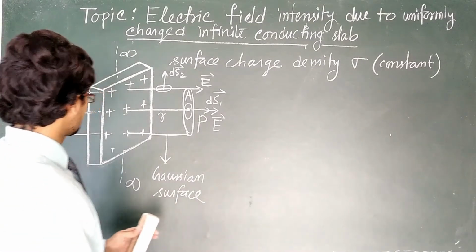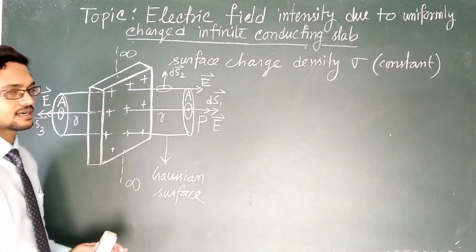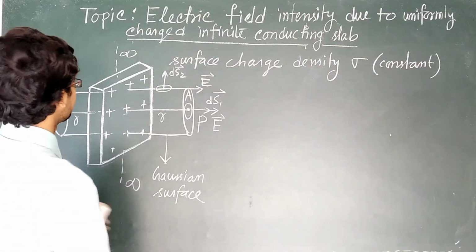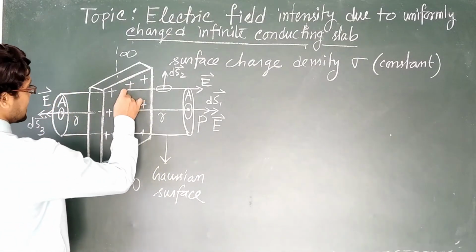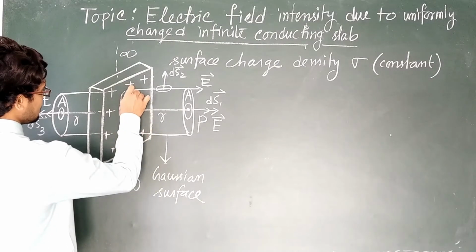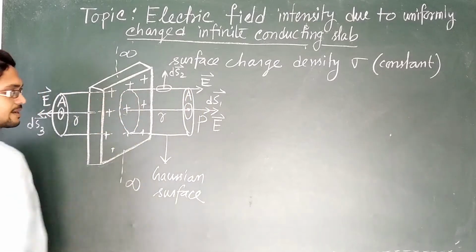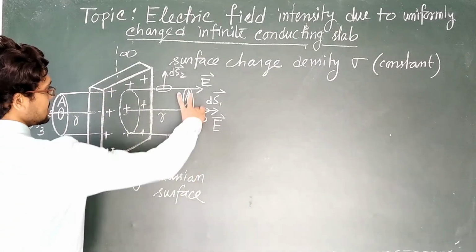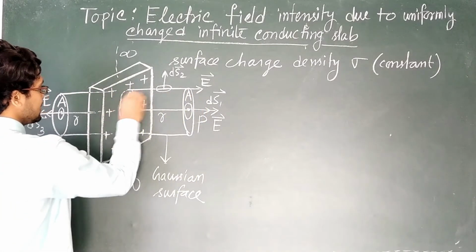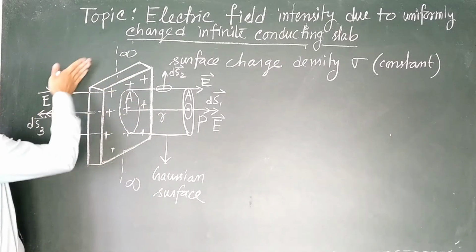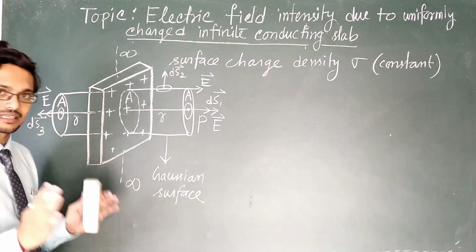Now we will find the total charge enclosed by the Gaussian surface. The charge enclosed means charge enclosed by this area only. So this is A, and this part will also be A. This is on one face, and there is another place on which the charges are there.